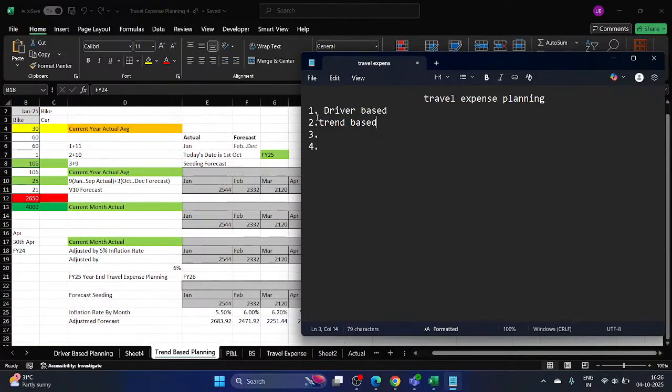Today we have done the trend based planning. So under trend based planning, what things have we done? We will write it.